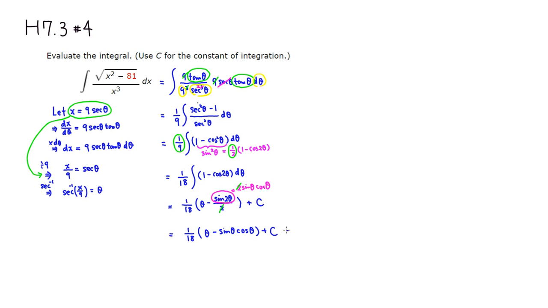So I'm going to go up here. We have 1 over 18, then I'm going to use a bracket here.